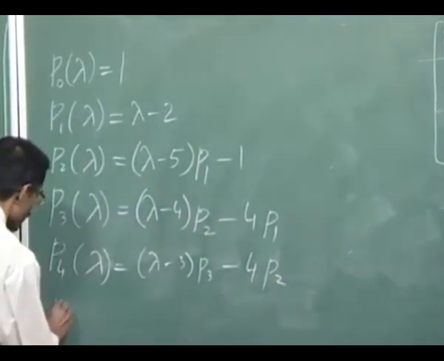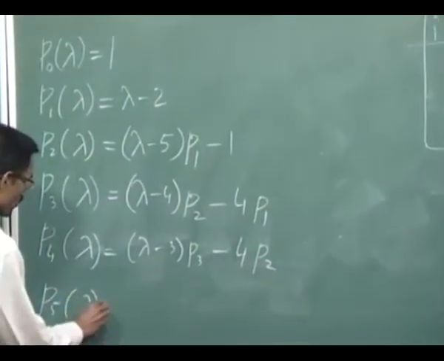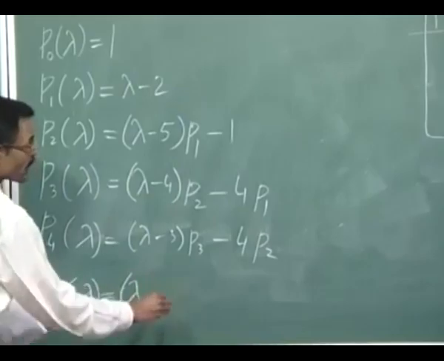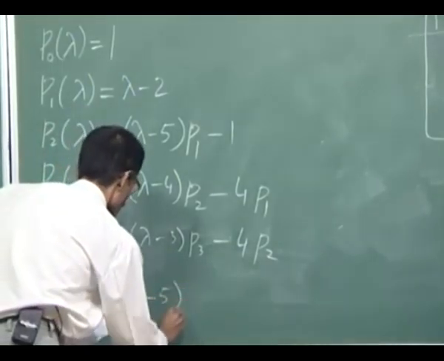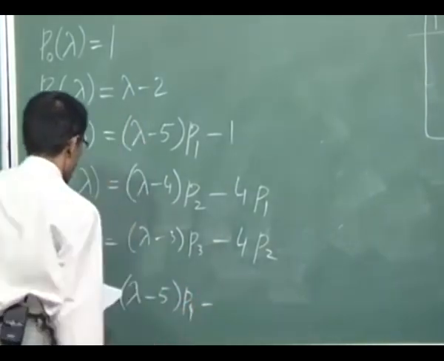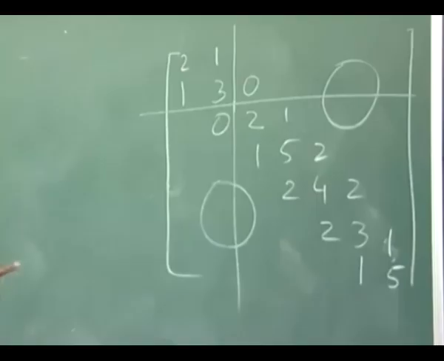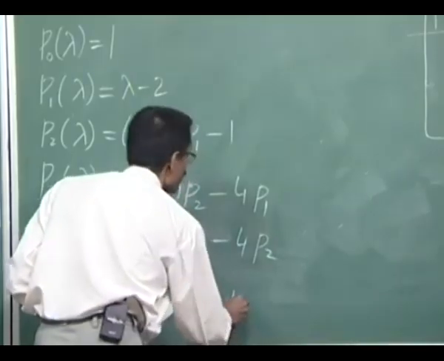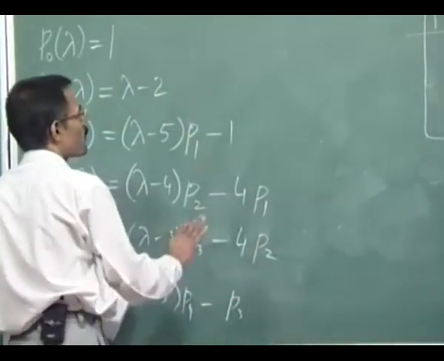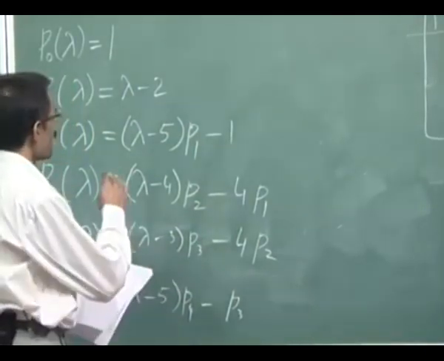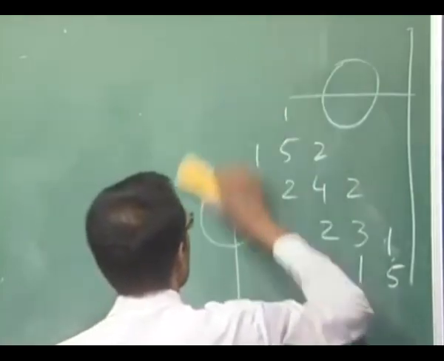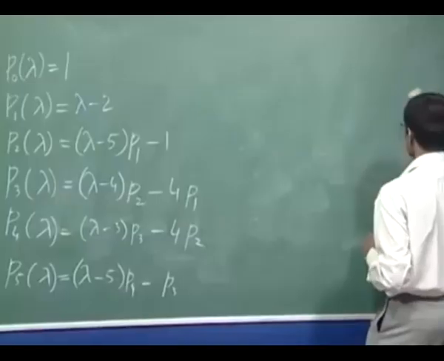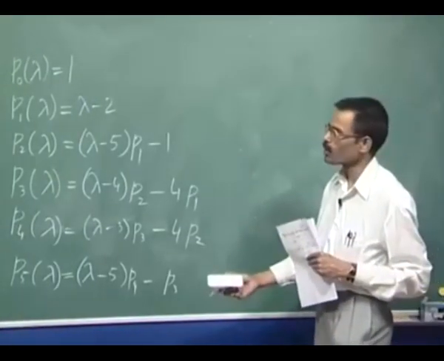Finally, P5 will be lambda minus D5 into P4 minus E5 square, which is 1, into P3. Okay. So, these things we now try to evaluate for different lambdas to locate the roots of these polynomials.